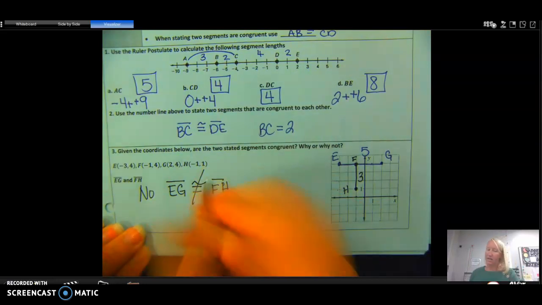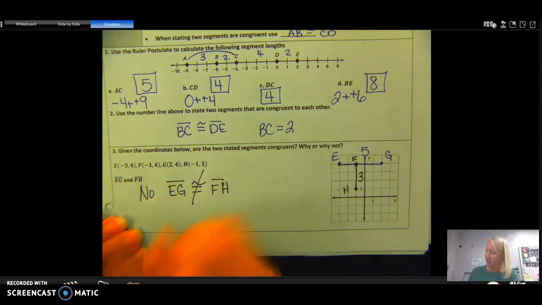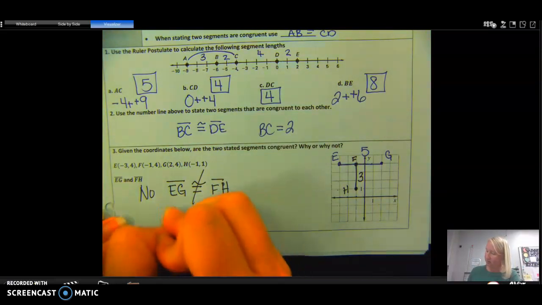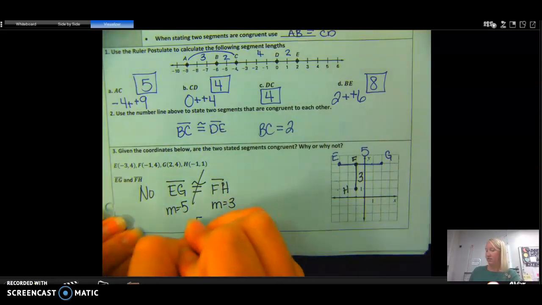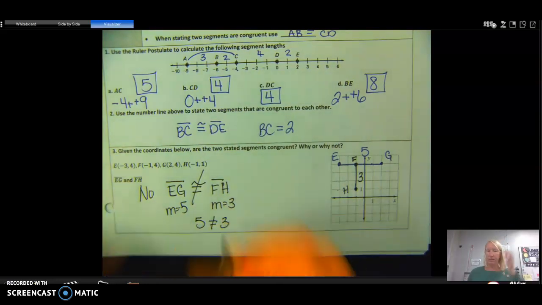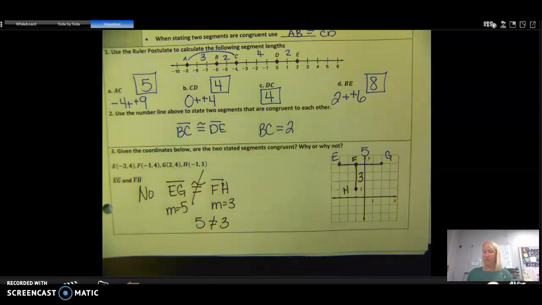So I'm going to say not congruent. EG has a measurement equal to 5. FH has a measurement equal to 3. 5 does not equal 3. Okay? All right. Next page.